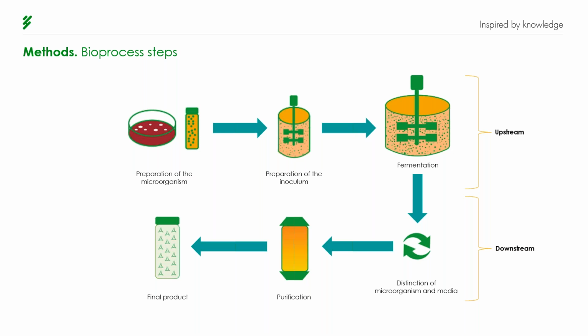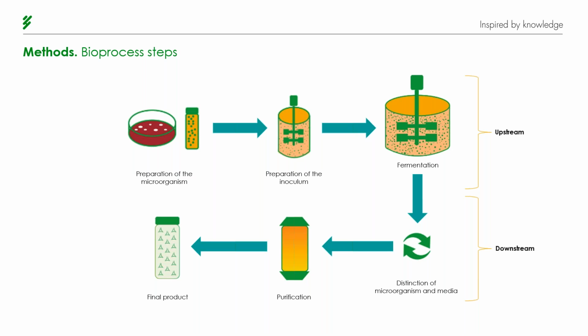The second phase is the downstream, where first you have to eliminate the microorganisms, usually by filtration. Then there is an extraction and purification of the API, which will be taken as an ingredient for the manufacture of the medicine with the excipient.